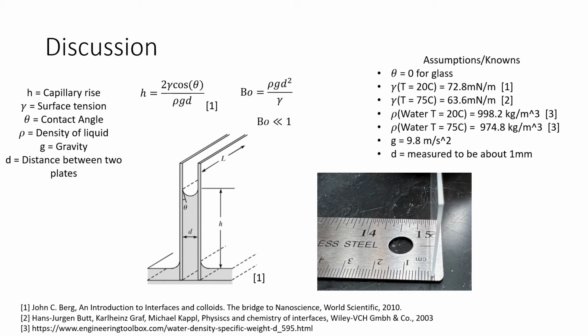Our surface tension when water is equal to 20 degrees C is 72.8 millinewtons per meter and 63.6 millinewtons per meter when the water is 75 degrees C. Our densities are 998.2 kilograms per meter cubed when our water is at 20 degrees C, and 974.8 kilograms per meter cubed at 75 degrees C. I also measured our glass slide to be about 1 millimeter thick.